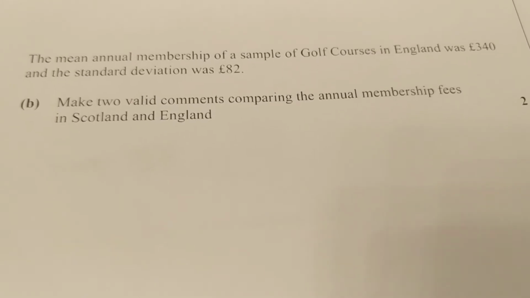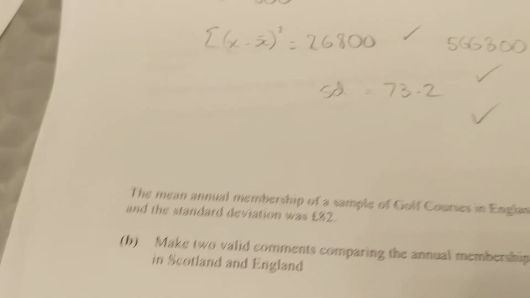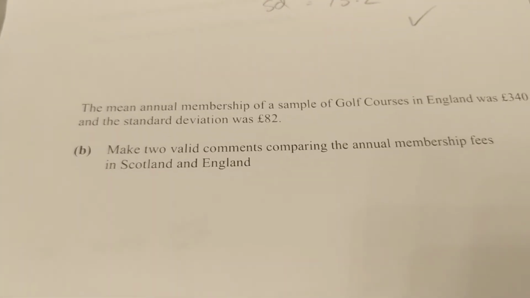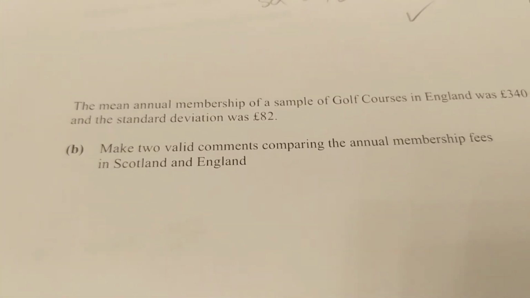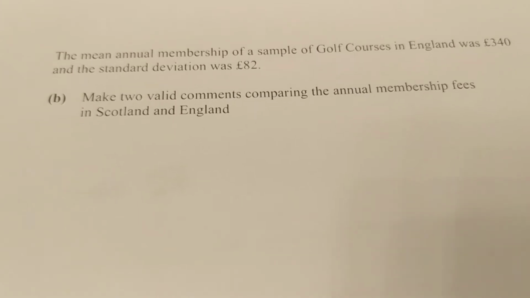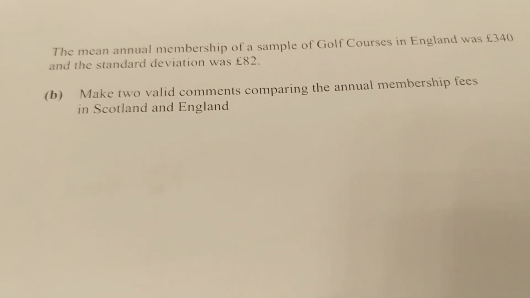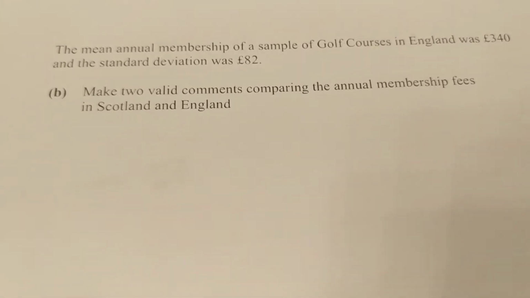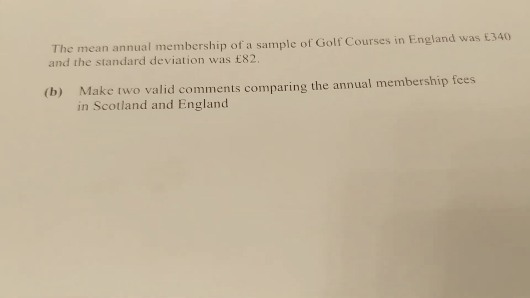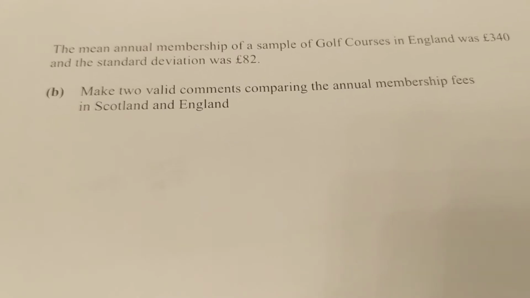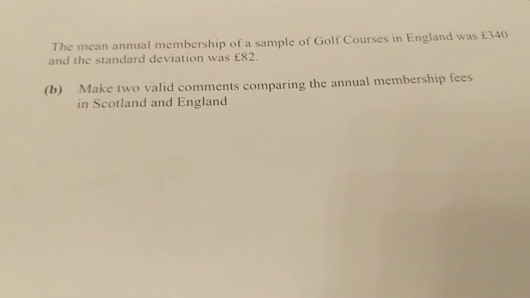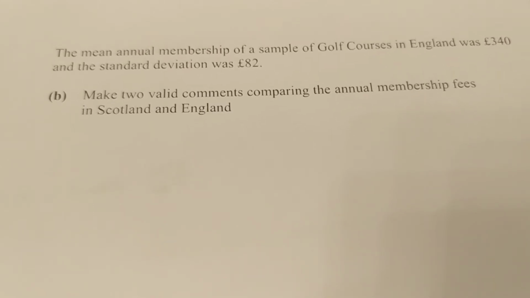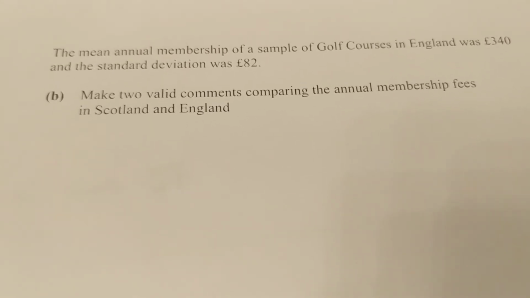Alright, second comment, about standard deviation. Your answer for the Scottish courses was 73.2. For the English courses, it's 82. So your comment wants to say something along the lines of the Scottish courses have more consistent prices. But the way you say it's important. So you would say the cost of the annual membership of golf courses in Scotland was more consistent than the cost of the annual membership of golf courses in England.